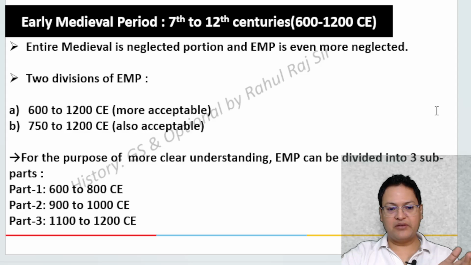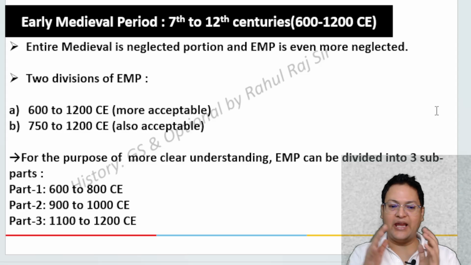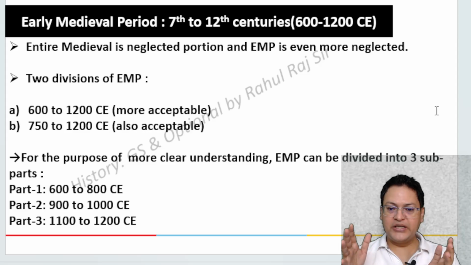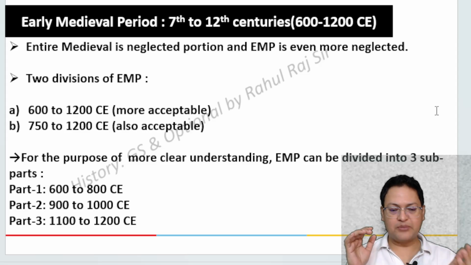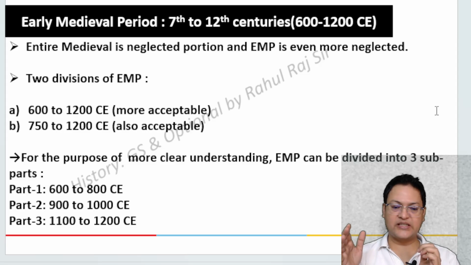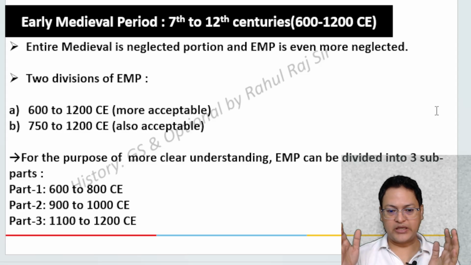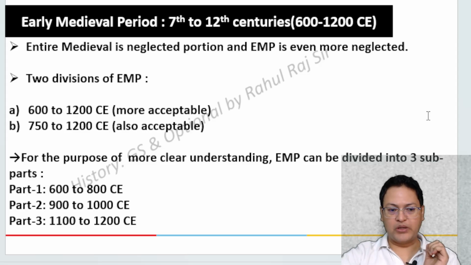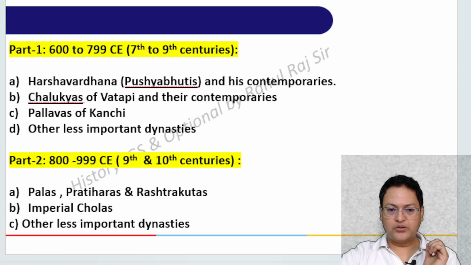So in early medieval we will cover from 600 to 1200, and for the purpose of clearer understanding, the early medieval period can be divided into three subparts. Part 1 is 600 to 800, part 2 is 900 to 1000, and part 3 is 1100 to 1200. So now let's move ahead.